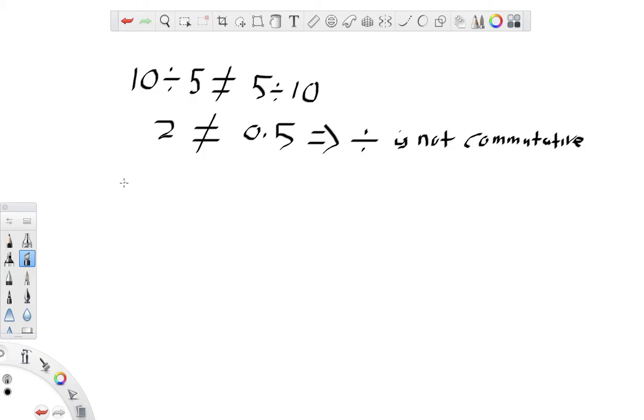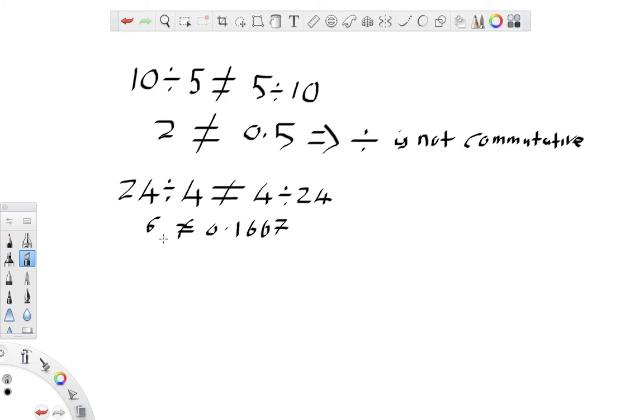So if we have 24 divided by 4, well, we know that that is not the same as 4 divided by 24, because 24 divided by 4 is 6, and that is obviously not equal to 4 divided by 24, which is equal to, as a decimal, say 0.1667.